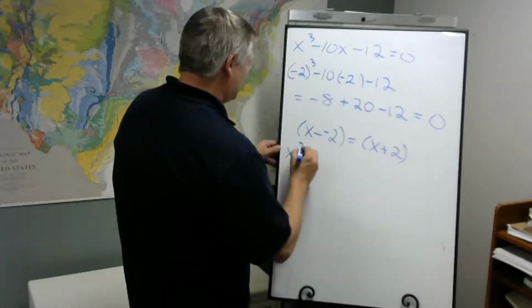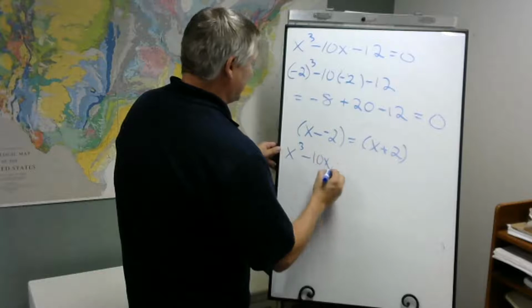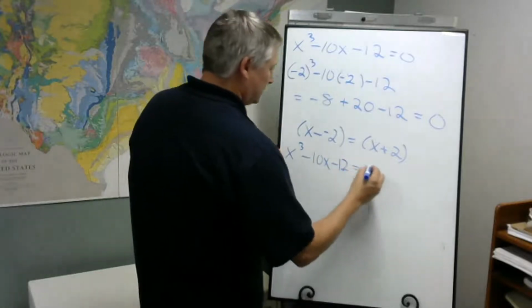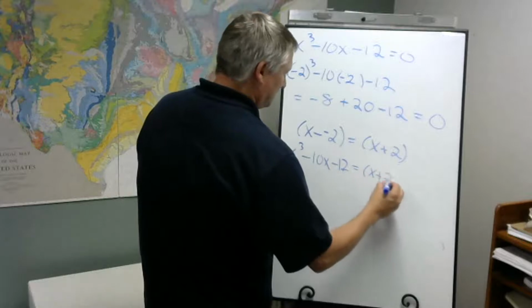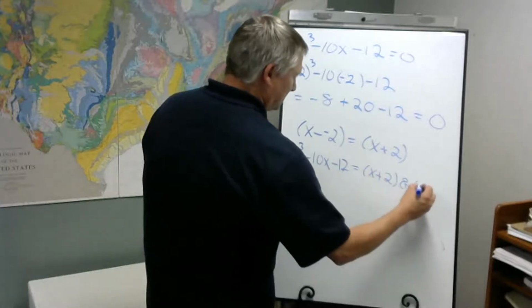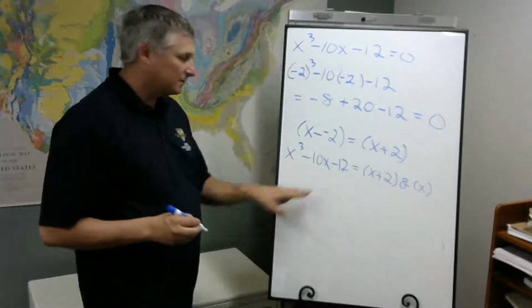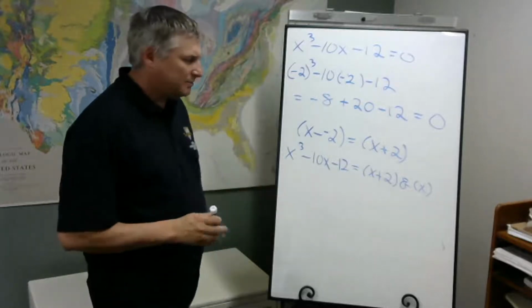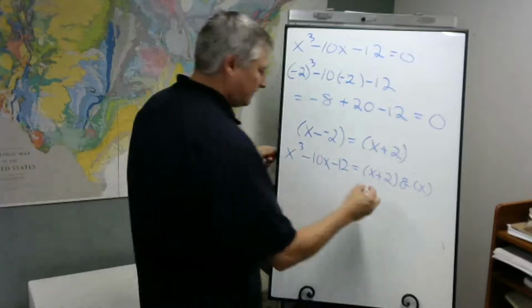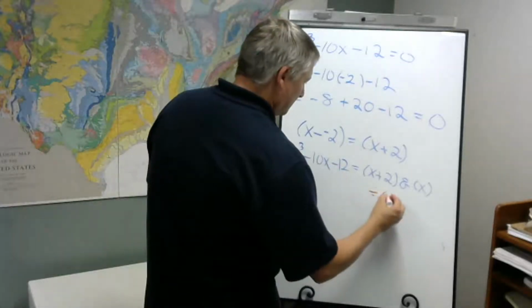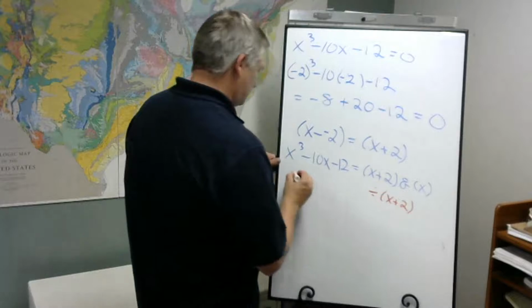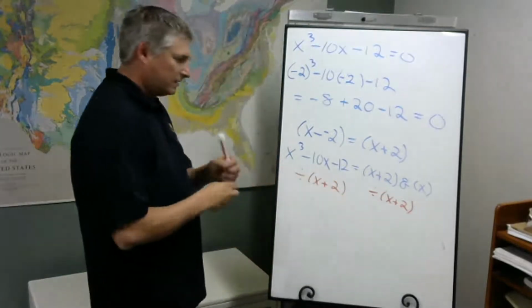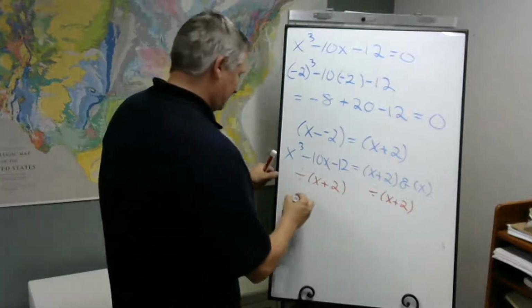That means x cubed minus 10x minus 12 is equal to x plus 2 times some q of x. So if we divide both sides by x plus 2, we'll get q of x.